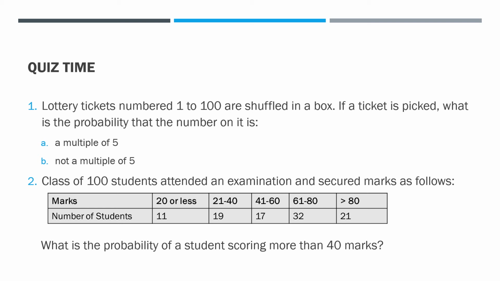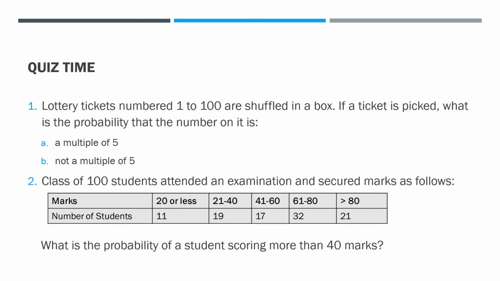On this particular slide, I'm displaying a small quiz that you can solve yourself. My request to you is, again, pause the video, solve these problems on your own, and come back to cross-check.